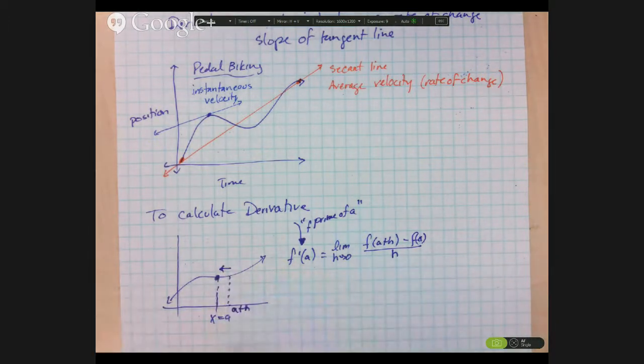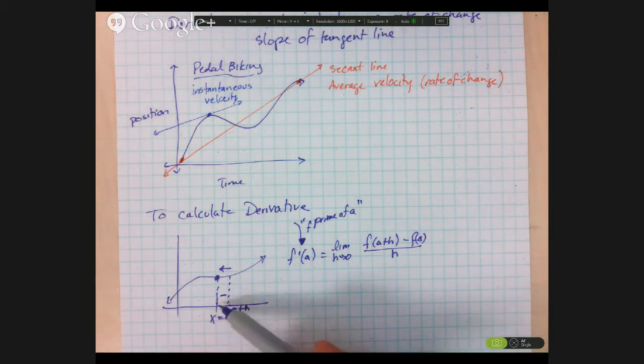So basically we're making this interval go to 0 so the secant lines become a tangent line. A will be a number. h is a number, so h is the distance between these two lines.